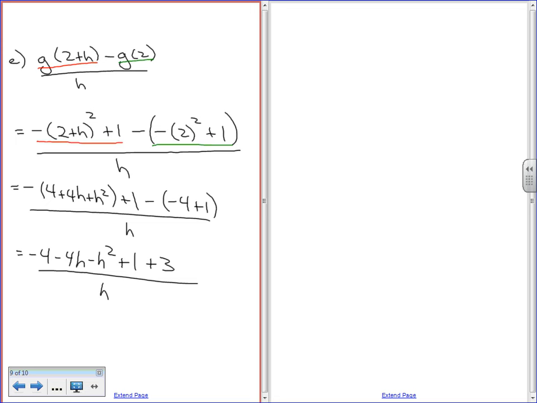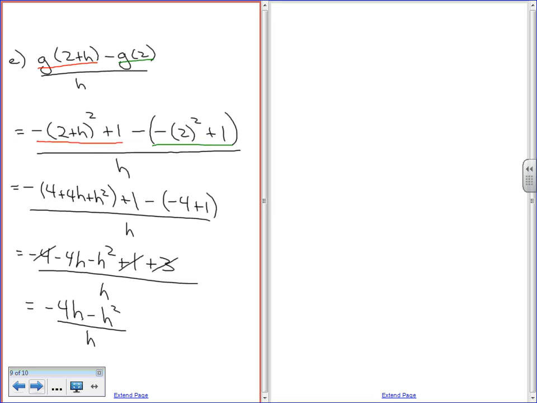Collecting like terms in the top, I have negative 4 plus 1 plus 3. So negative 4 plus 1 plus 3 is 0. And I'm left with the rational expression, negative 4h minus h squared over h. So this is a rational expression.